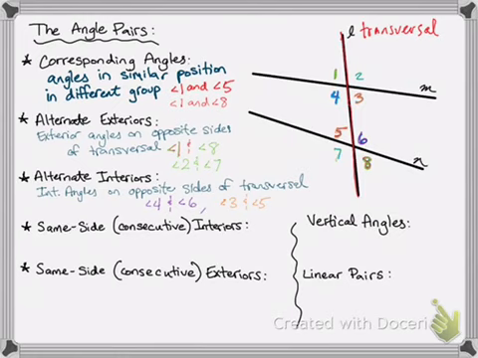So another interior that's on the same side would be 5. So angle 4 and angle 5. Okay. I have another set also. Maybe I picked angle 3. And the same side interior there would be angle 6.